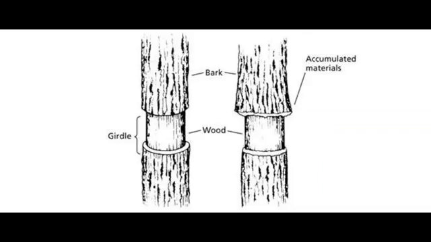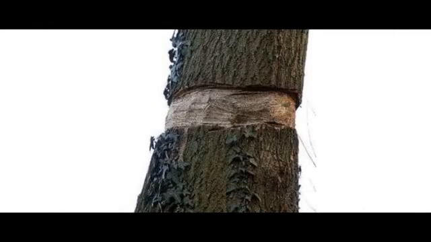If it is left for some time, the stem increases in thickness immediately above the ring, but no growth occurs below it. So any damage to the phloem all around the stem will prevent the food from passing down to the root, and the tree will eventually die.